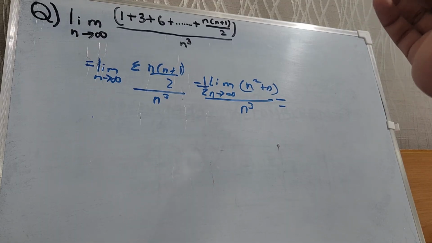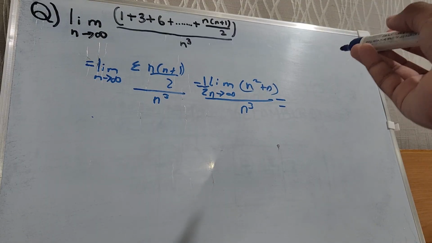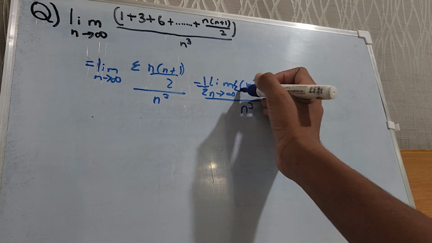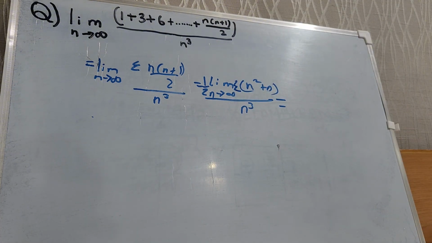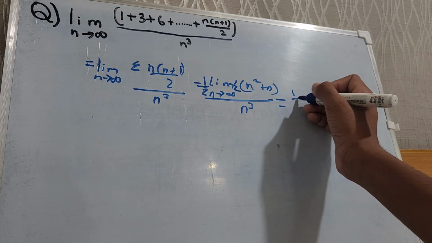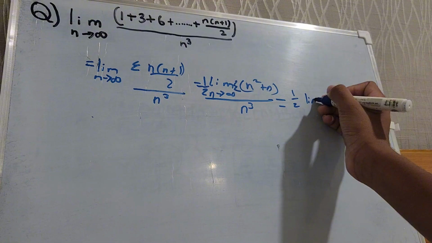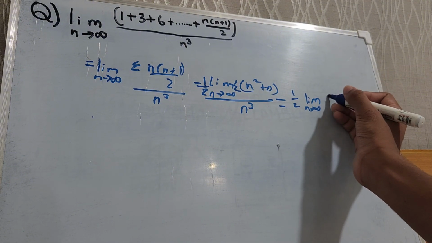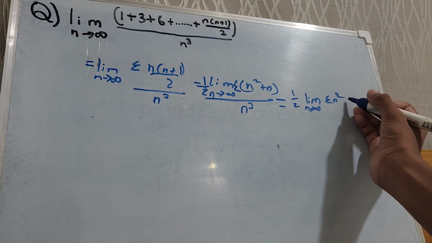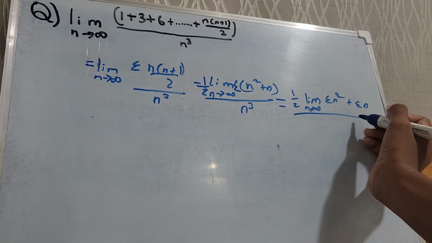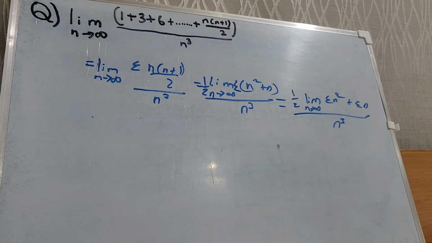what we got. Now after this we can separate that. 1 by 2 limit n tends to infinity sigma n square plus sigma n by n cube.